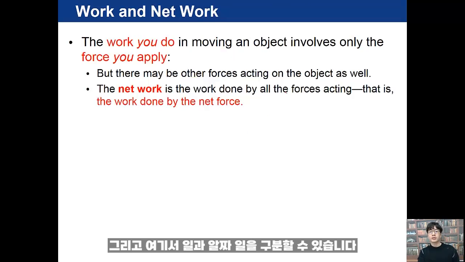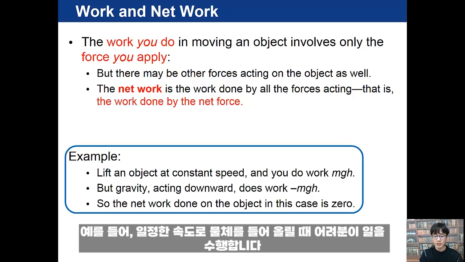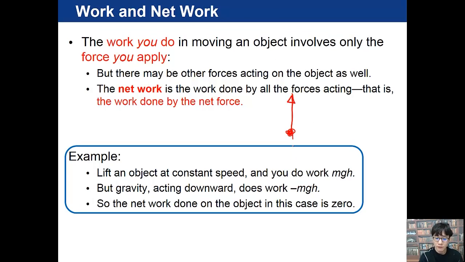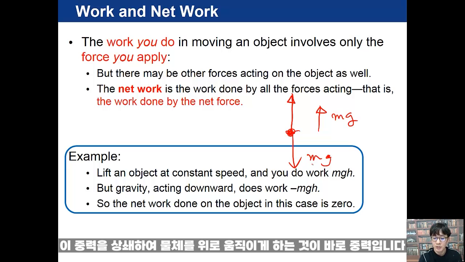And then you can distinguish between work and net work. The work you do in moving an object involves only the force you apply. For example, when you lift an object at a constant speed, you do some work. Why? Because there's a force mg downward, which is the gravitational force, so you need to apply a force upward, equal to mg, to cancel this gravitational force and move the object upward.